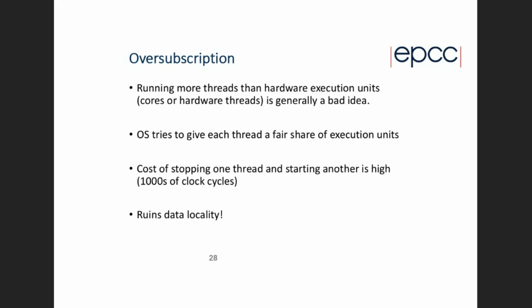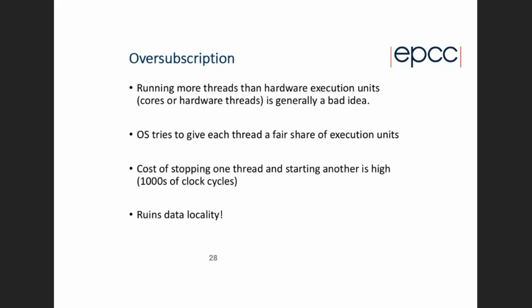Again, not really a big deal in HPC systems running batch, where you're very carefully controlling the number of MPI processes and OpenMP threads, and having the batch system schedule them and bind them onto your cores and hardware threads and so on.